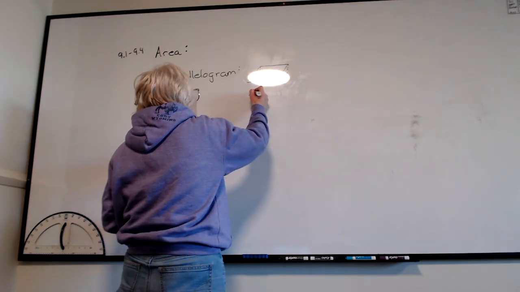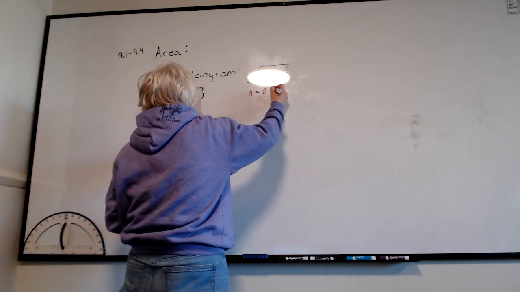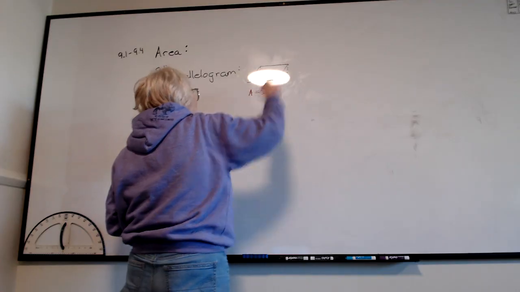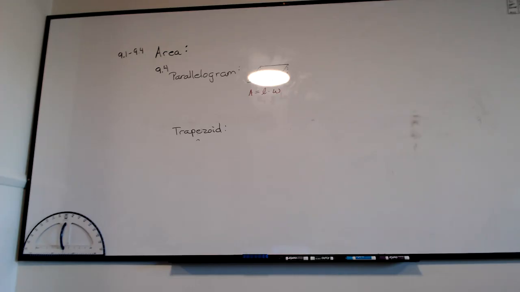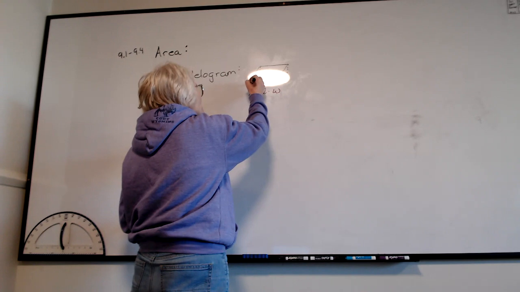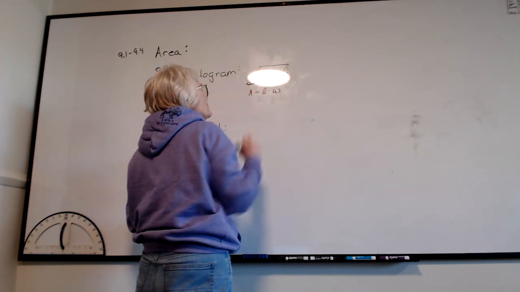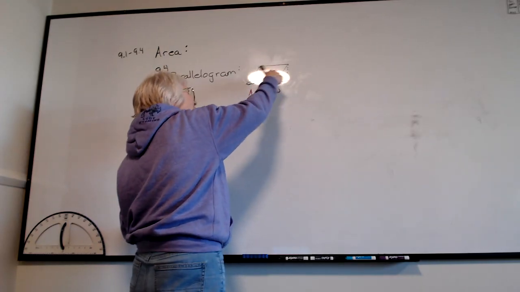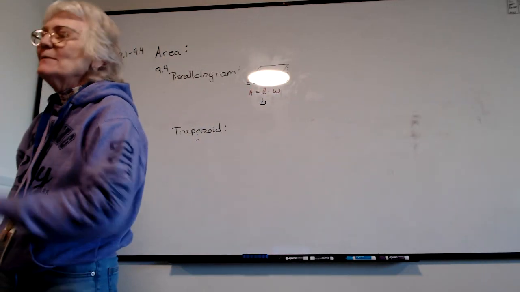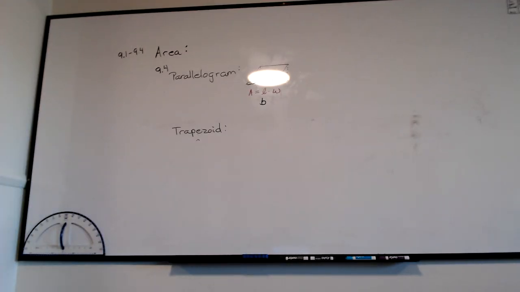What is the length times the width of my new rectangle? How long is the base? It's the same, because all I did was cut this portion off and add that same portion over here. So my base is the same as the base of the parallelogram. Okay, what is my width in this case?